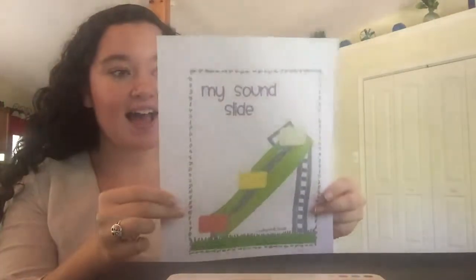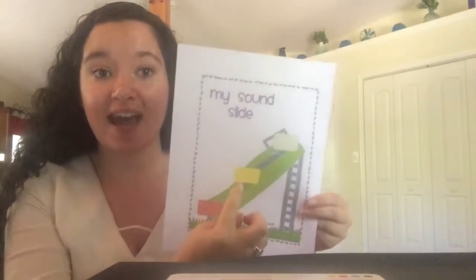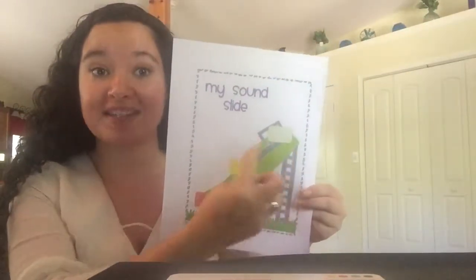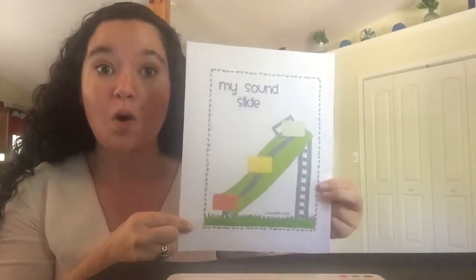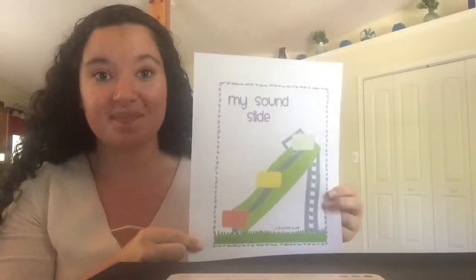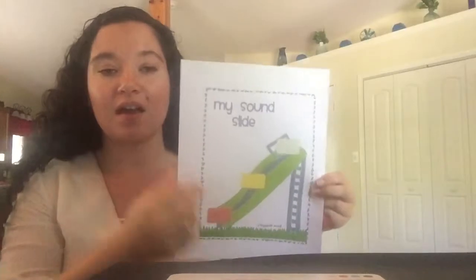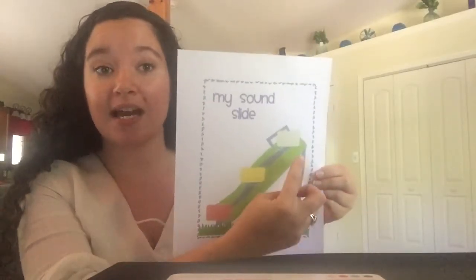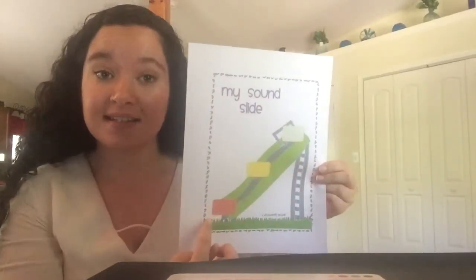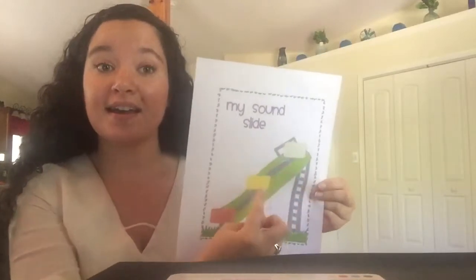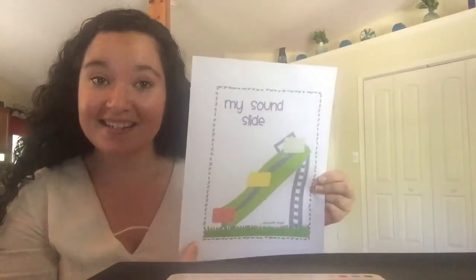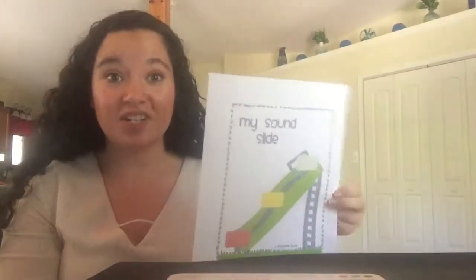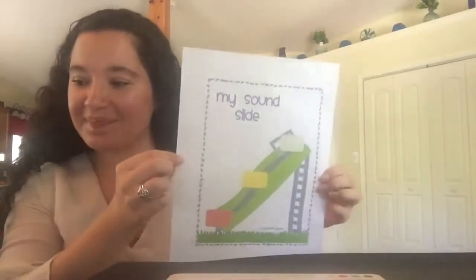Today, I will be sounding out words and going down the slide with the sounds, and then you're going to tell me what the word is, okay? Let me demonstrate. Your first word is kiss. Kiss. Does that make sense? You want to try? Okay, awesome.